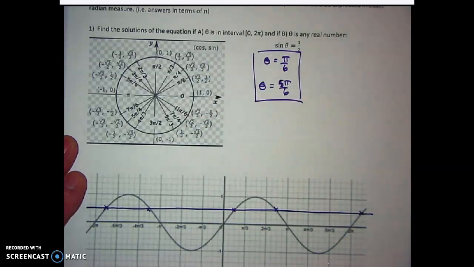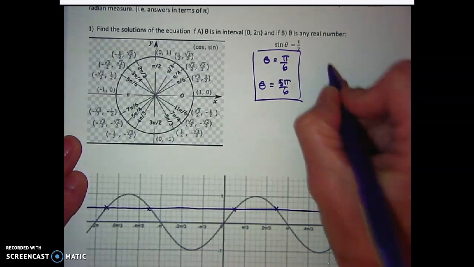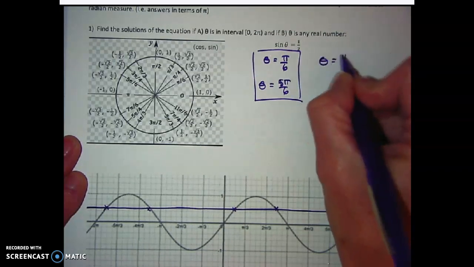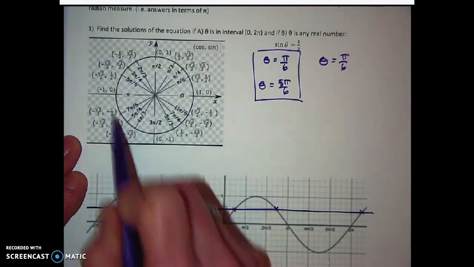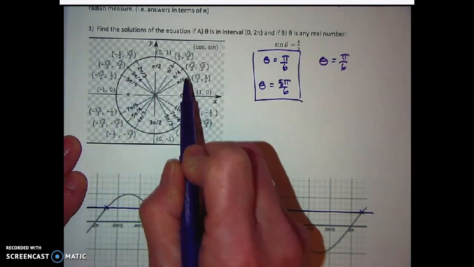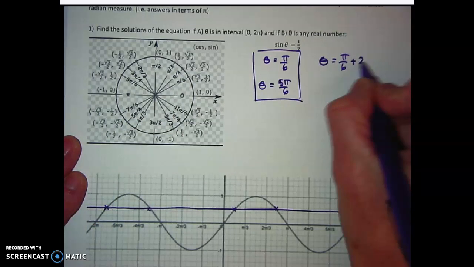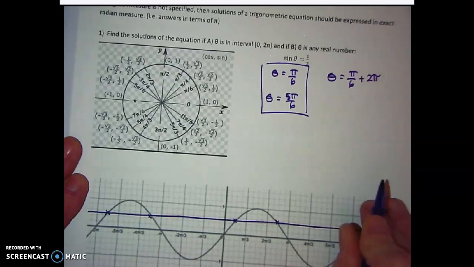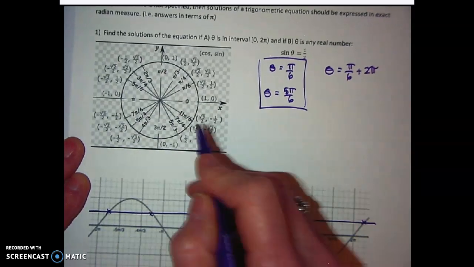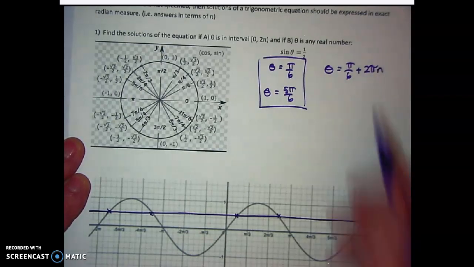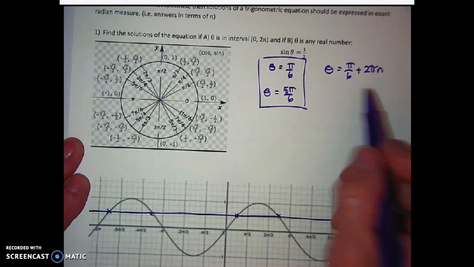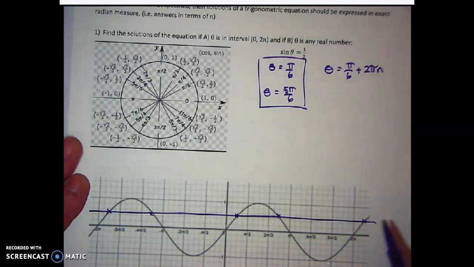But if we wanted to know any place, well, if we have pi over 6, how long until it comes back around to pi over 6? Well, we're going to add every 2 pi, right? We can just add 2 pi to that. Well, we could add 2 pi again. The way we signify that in trig is we just say 2 pi n. And in trig we understand that that n has to be a whole number.